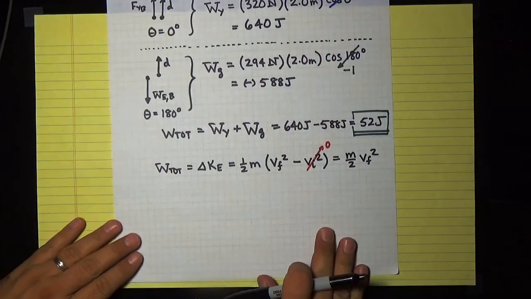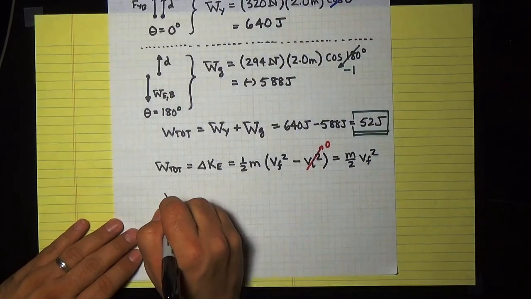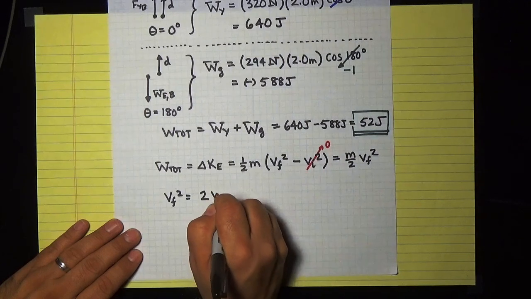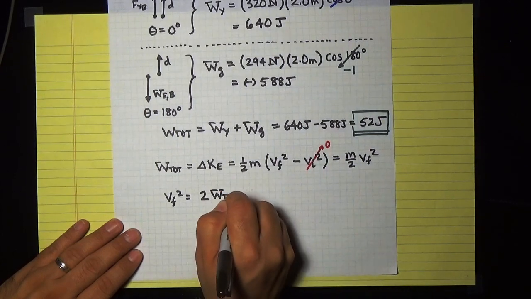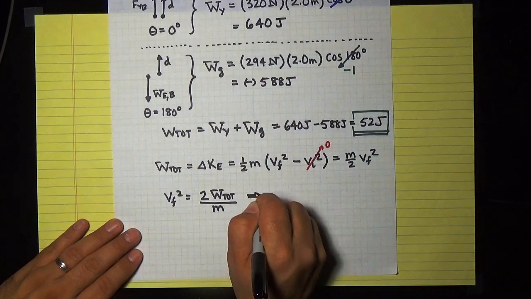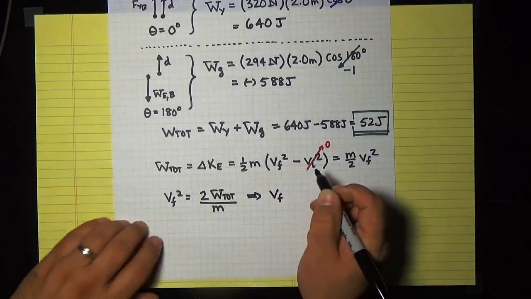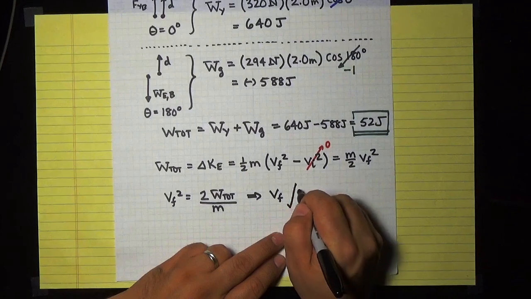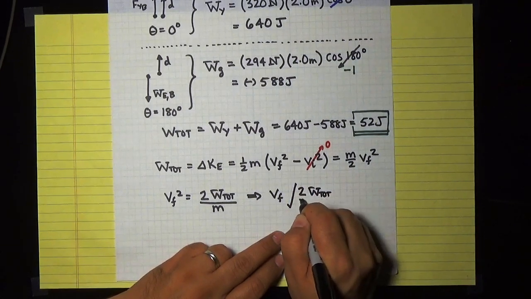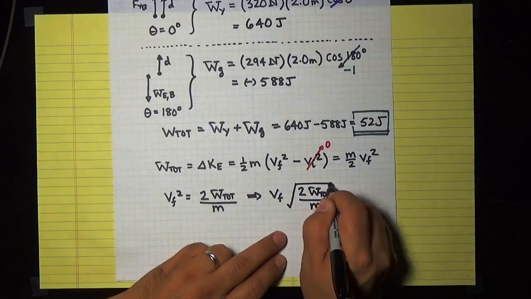And if I do a little algebra to solve for the final speed, I get Vf squared is equal to 2 times the total work divided by the mass of the bale, or that the final speed of the bale is equal to the square root of twice the total work divided by the mass of the bale.